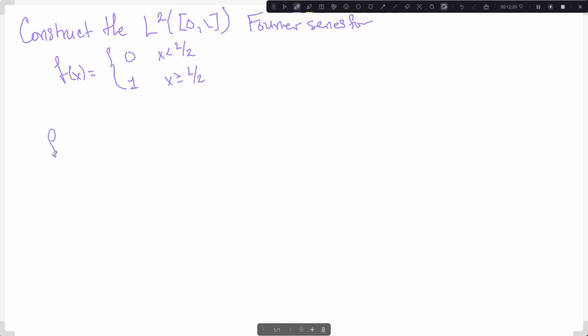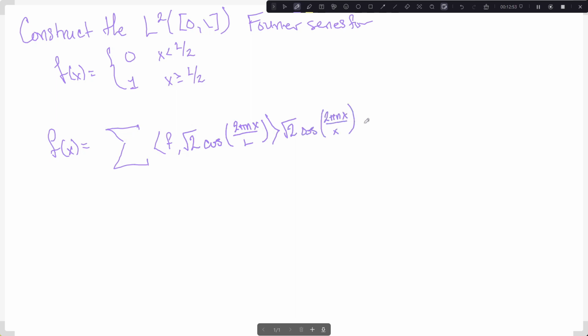And so all we need to do is, we already know that f looks like this. It looks like the sum of the inner product of f with root 2 cosine 2 pi n x over L, times root 2 cosine 2 pi n x over L, plus the sum of the inner product of f with root 2 sine 2 pi n x over L, times root 2 sine 2 pi n x over L. And this n goes from 1 to infinity.